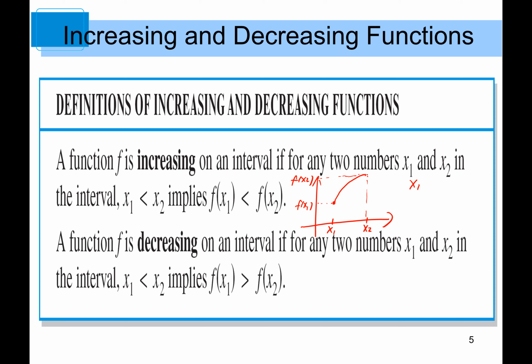So if x1 is less than x2, because x1 is on the left hand side of x2, then it's guaranteed that f of x1 is less than f of x2, meaning the y value at x equals x1 is smaller than the y value at x equals x2. That means it's an increasing interval.